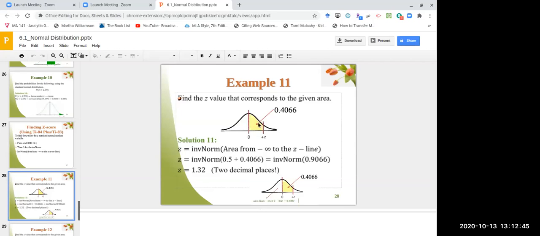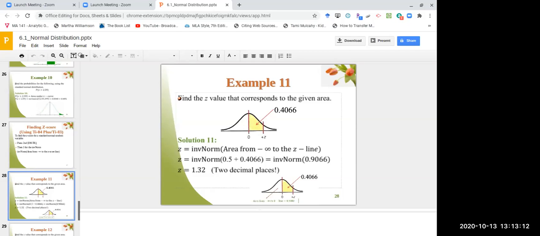So actually for this picture, for example, they gave you the area between 0 and the z-score as 0.4066, but the area from negative infinity to the z-score line, the big white half plus the yellow, is 0.9066.